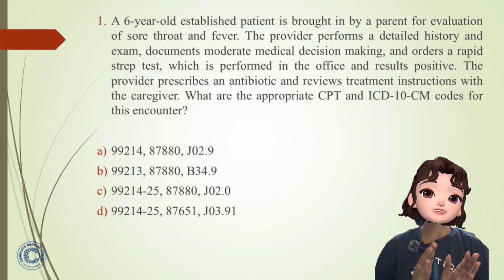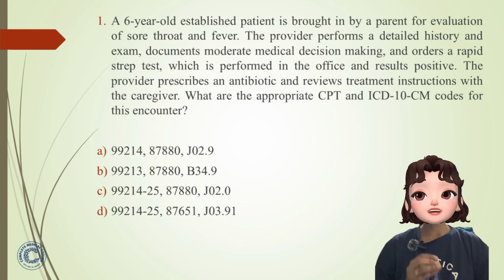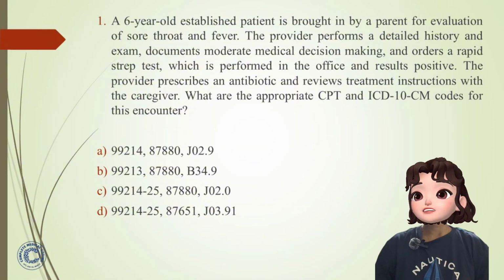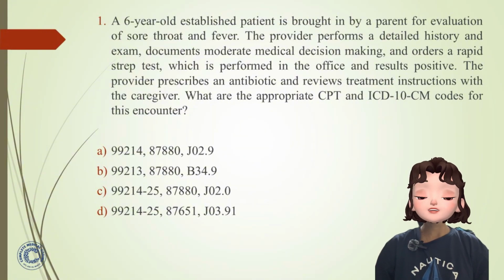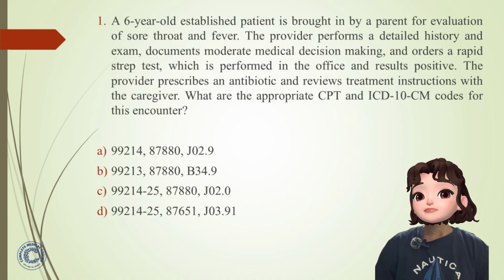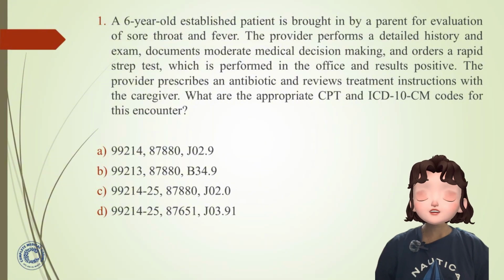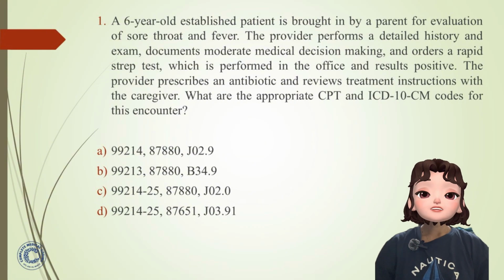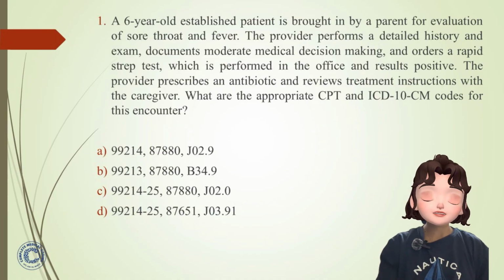So accordingly, you have to find out the E&M code. What will be the diagnosis here? The patient is here for the evaluation of sore throat and fever, right? From that, you have to find out the diagnosis. And while doing the streptococcus test, it tests positive also. So these are all the hints that they have given to rule out the diagnosis.